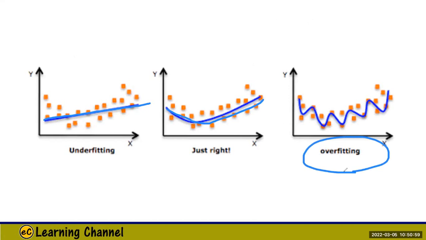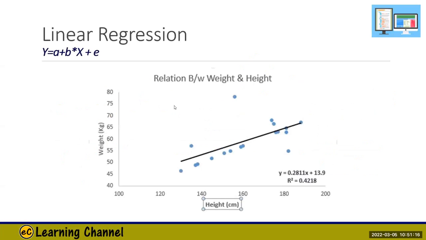The curve may be second order, first order, or multiple order, okay? So we say this one is overfitting. You provide the model too much detail. This one is about right. This one may be underfitted. So these are different regressions. If you use one dimension, this linear line, we call it linear regression.